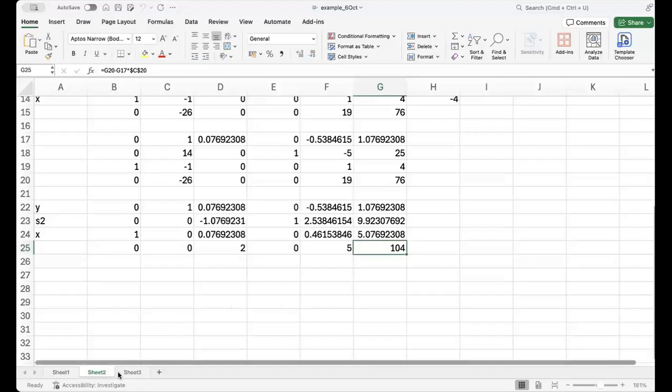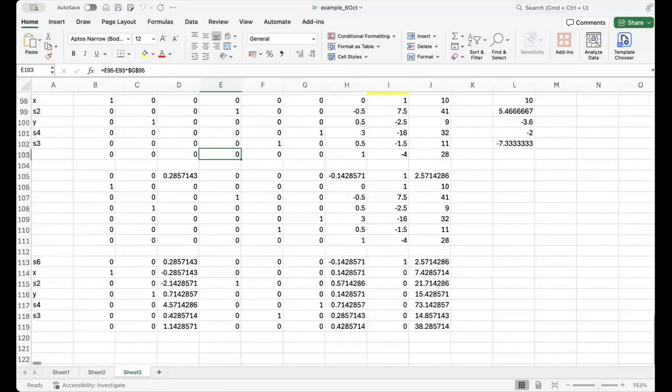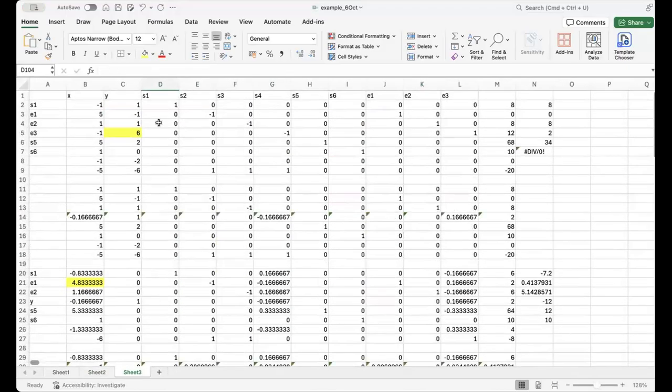So, the solution for that one. And you see that, of course, from the first inequality constraint, we need slack variable S1.